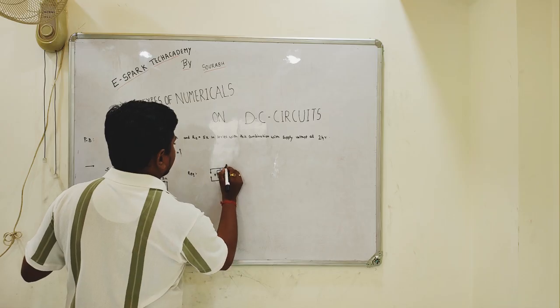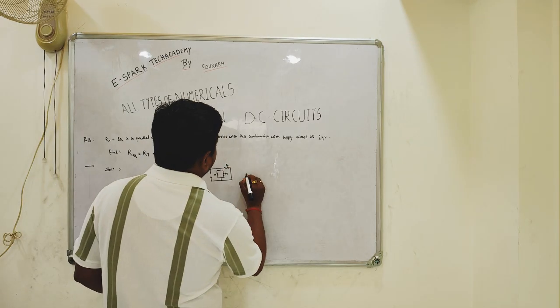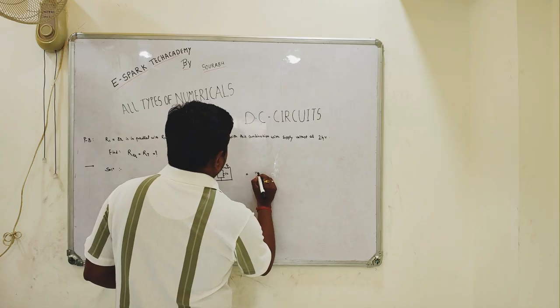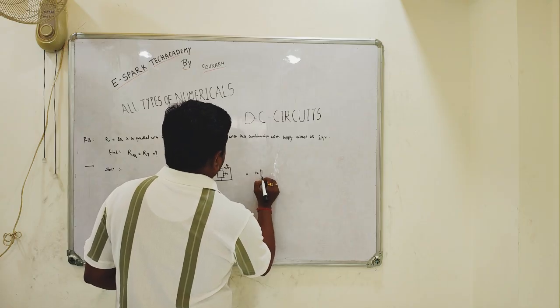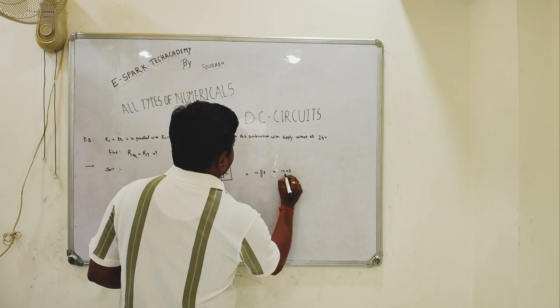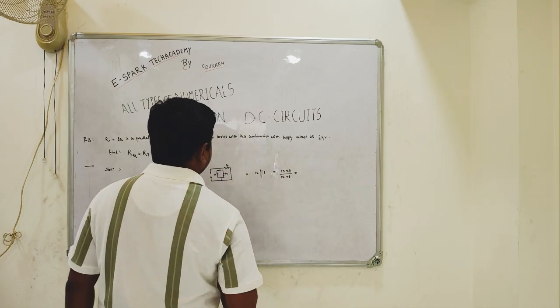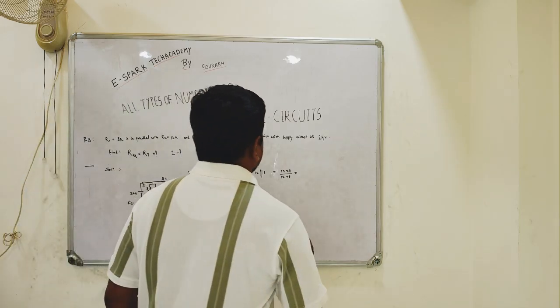Eight, 12 and 5. Here the two resistors will be in parallel. 12 is parallel with 8. 12 into 8 divided by 12 plus 8. Just solve for this.